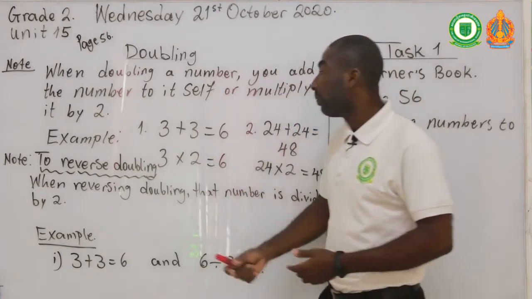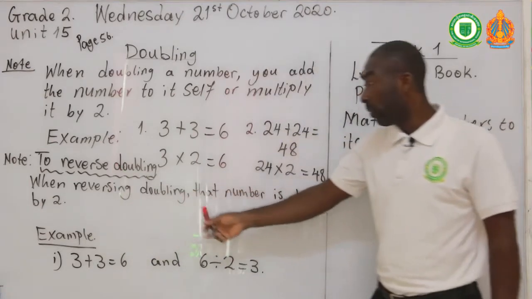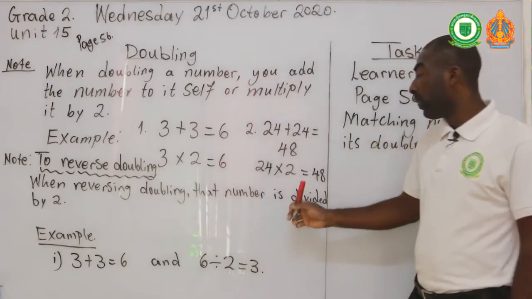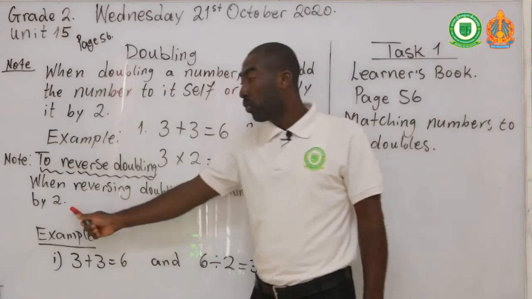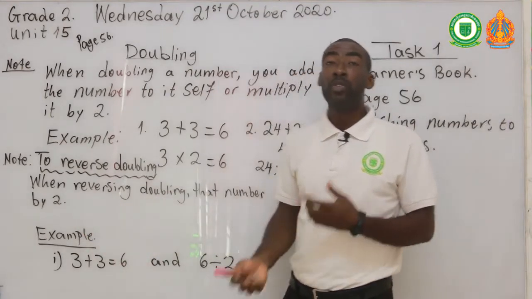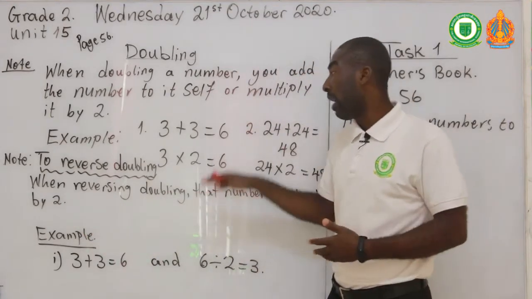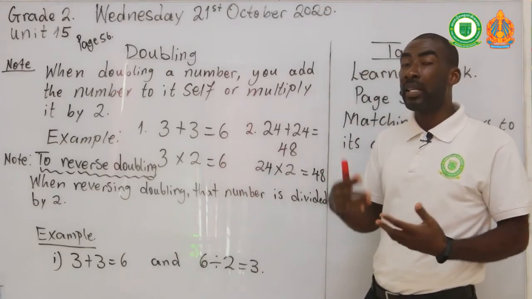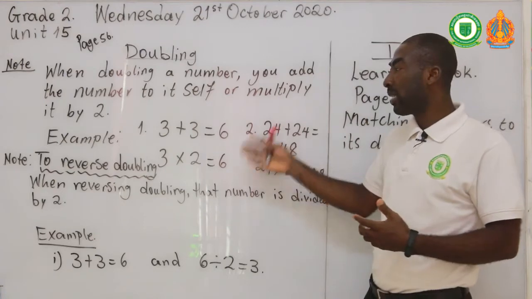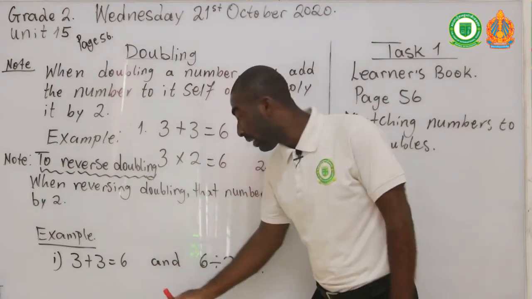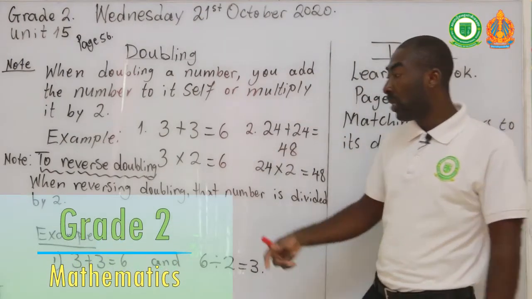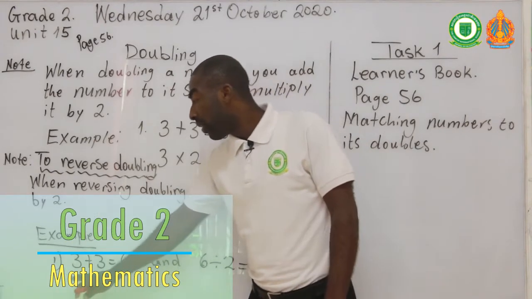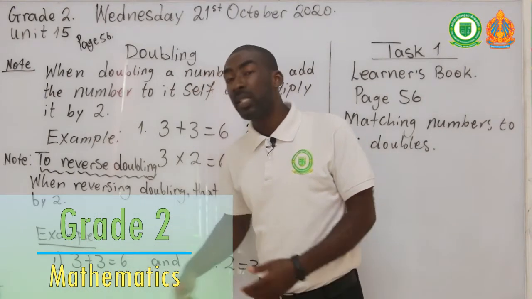To do that, when reversing doubling, that number is divided by 2. So anytime you want to reverse a doubling, assuming you have 6 and you want to reverse it to know what number you doubled to get 6, you have to divide that particular number by 2. So the example here is that 3 plus 3 will give us 6.